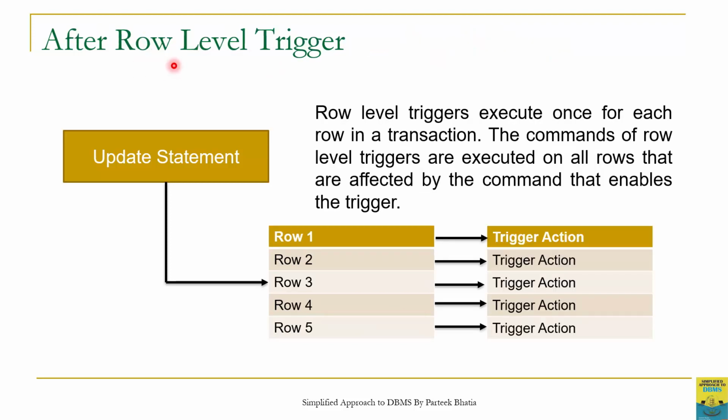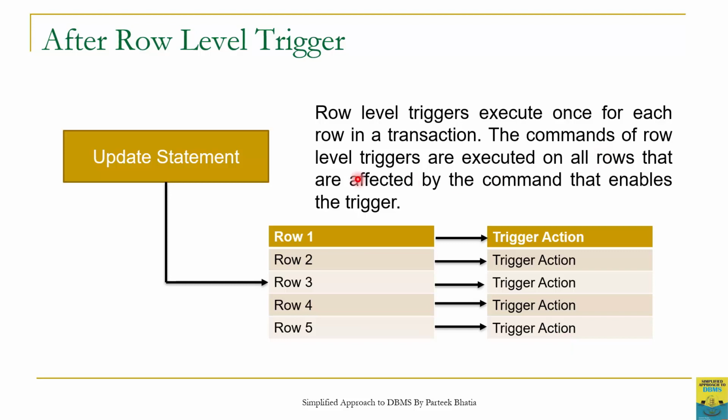In the case of an after row level trigger, the trigger action will be performed for every row updated in the table. The trigger action will be executed once for each row in the transaction. It means if this update statement is updating 5 rows of the table, then this trigger action will be performed 5 times.